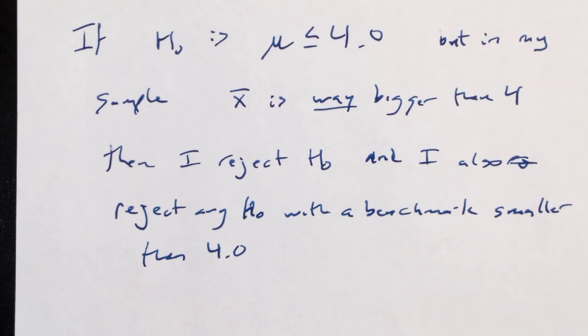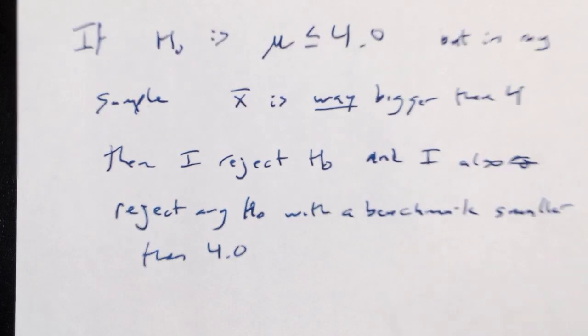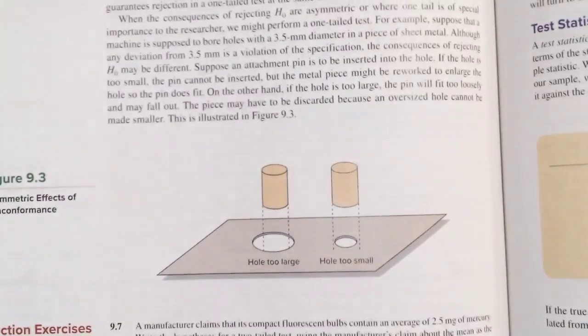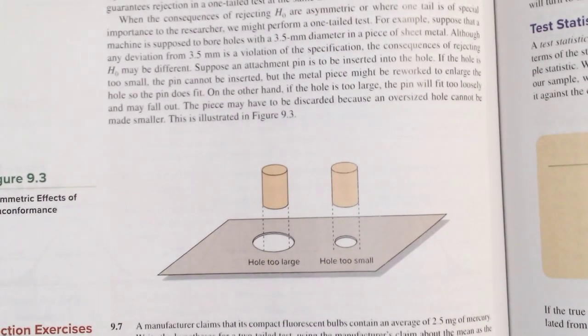In a lot of cases, we don't normally care whether we know it's too big or too small. We just care if it's right or not. More often we do a two-tail instead of a one-tail. Why? I don't care if you drilled the hole too small or too big. If it doesn't fit, it doesn't fit, right?